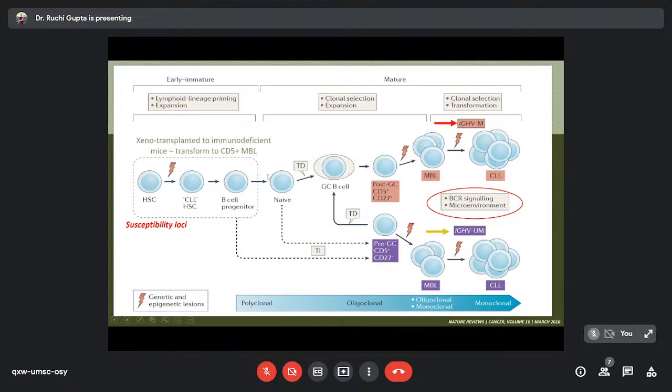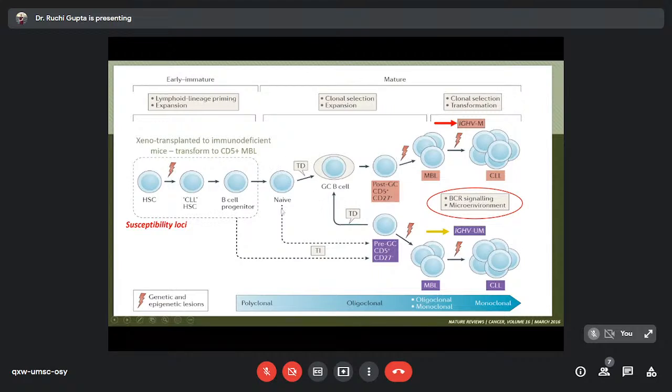Eventually, the cell which gives rise to CLL is basically a mature B cell, supposed to arise from the germinal center B cell, the memory B cell which has undergone the germinal center, that is the post germinal center cells, which will be CD5 positive, CD27 positive, and this is usually a T cell dependent mechanism.